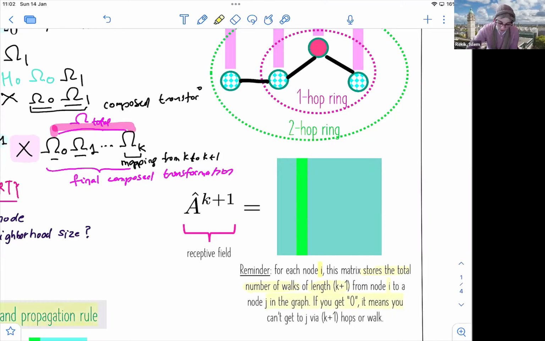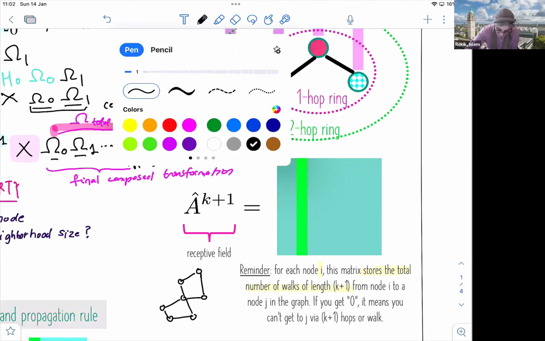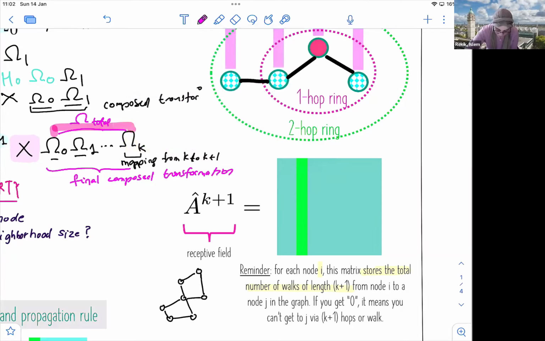So in this example, if we have a graph like this, it tells us how many walks of length, for example, 2, we have from each node I to node J. This is node I, and here this is J.